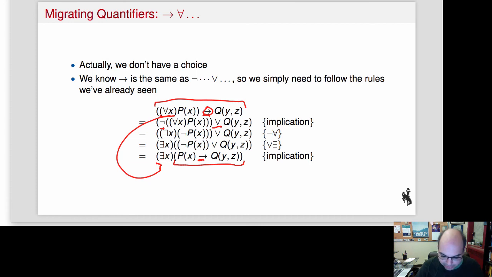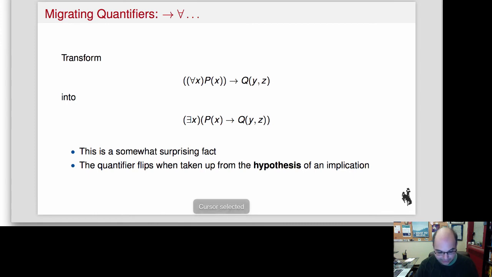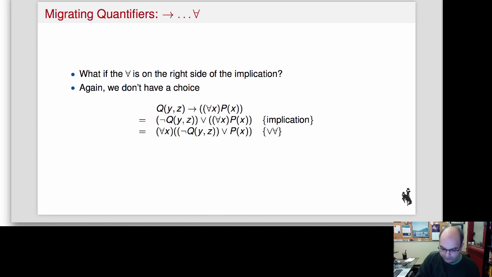Okay. So if you believe that, you probably believe that if I take a quantifier that's on the conclusion and pull it out, that in fact it won't flip, right? And that's exactly what will happen. The for all x here is actually not going to flip at all because not q or p now is an or for all, and or for all, I simply take the for all out in front.